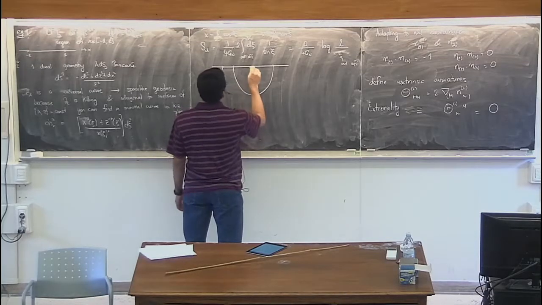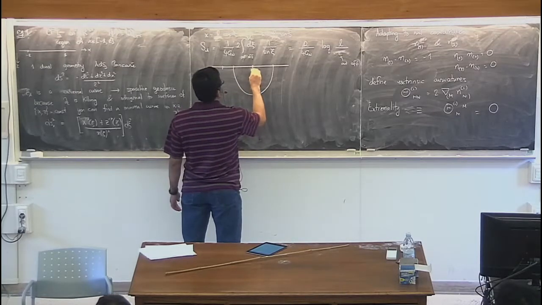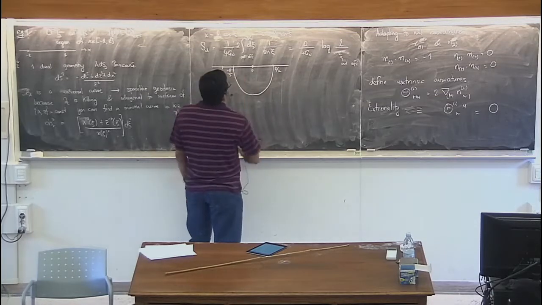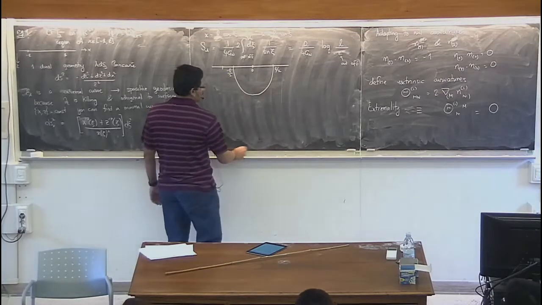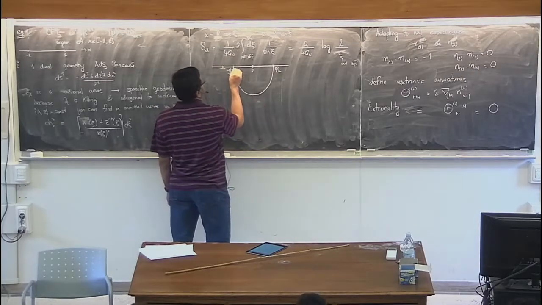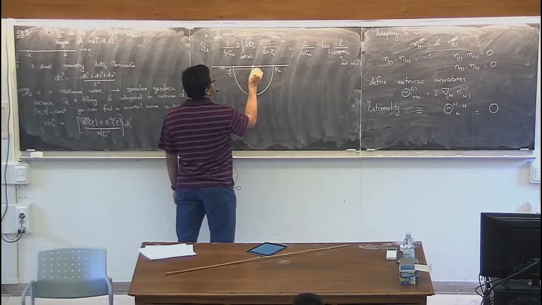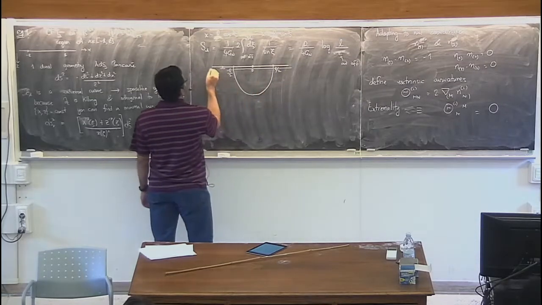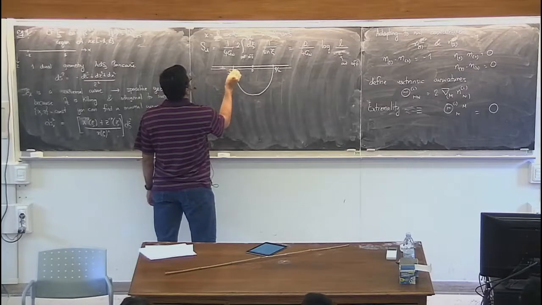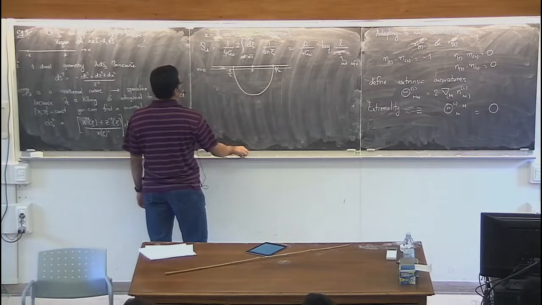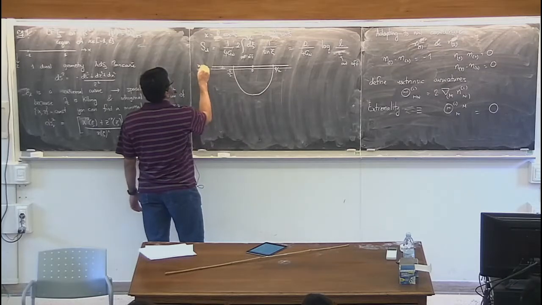Okay. And in computing the answer for the integral, I have cut off the z integral at some z equals epsilon, whereas the true boundary is at z equals 0.